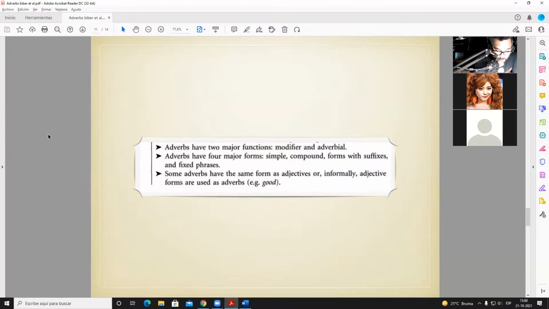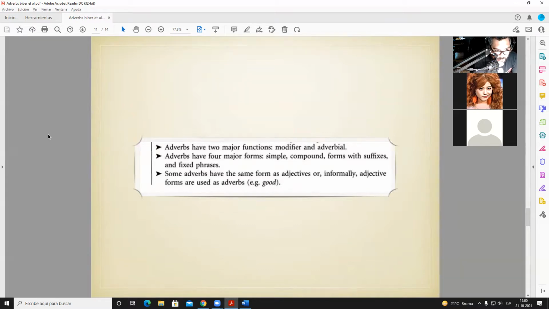Then you have compounds where you join two or more words together. Then you have suffixes, therefore derivational adverbs: ly, wise, word. And finally, you have these fixed phrases.